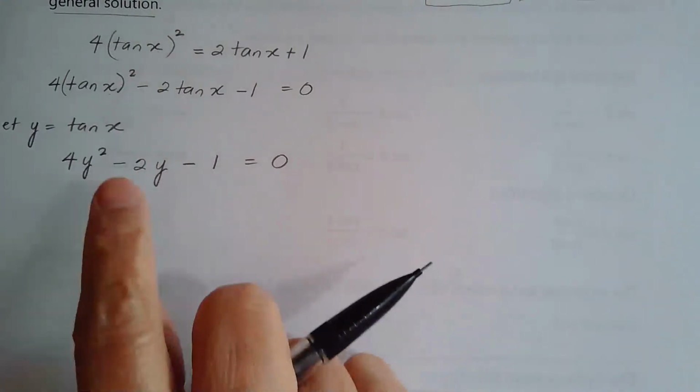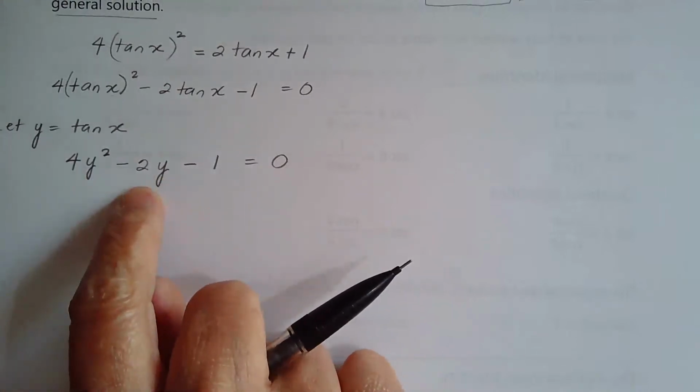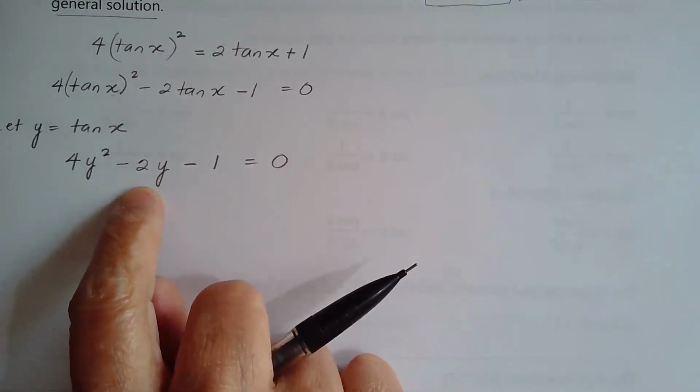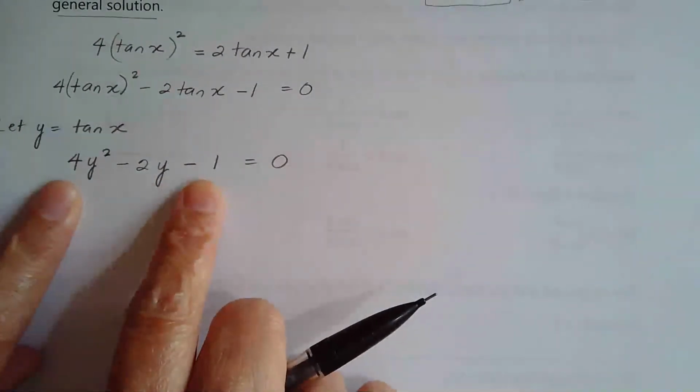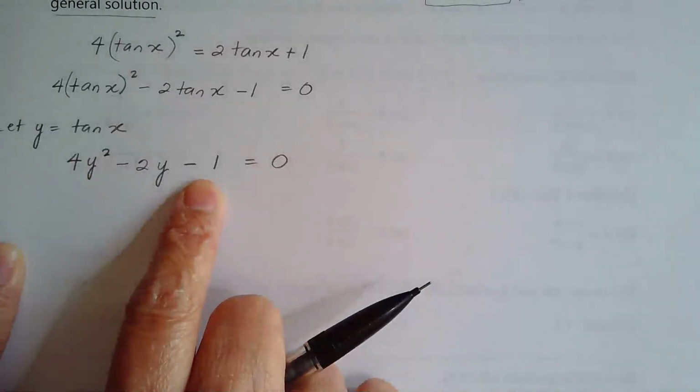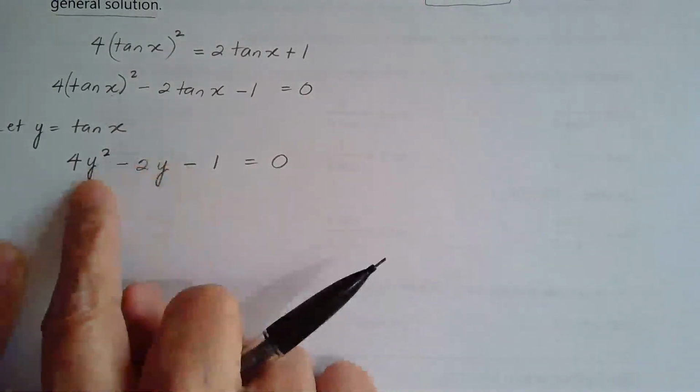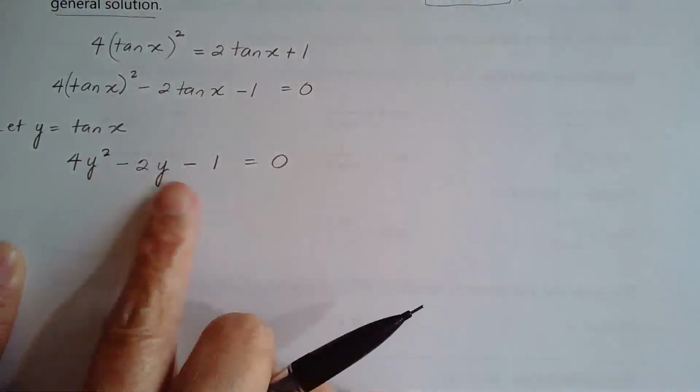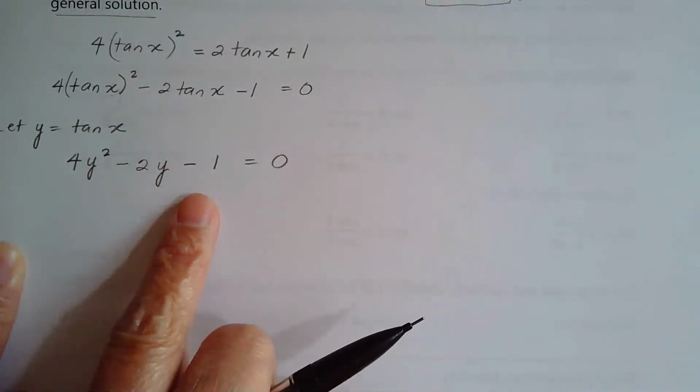Any factors that will add up to 2, we don't have anything. So we can solve using the quadratic formula. This is not an easily factorable quadratic equation.